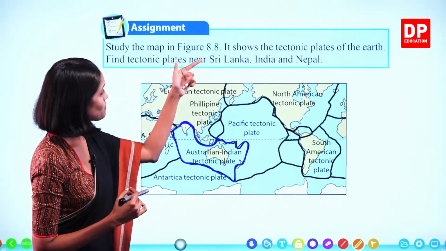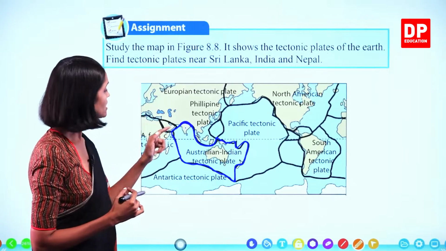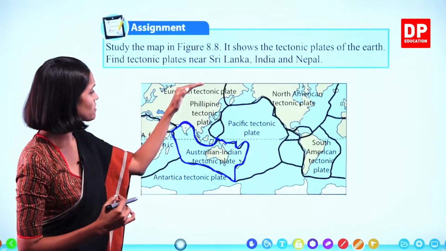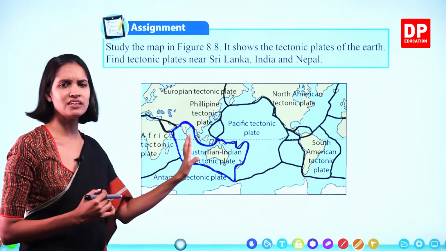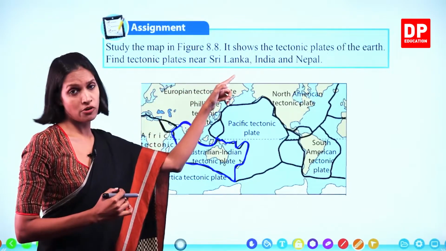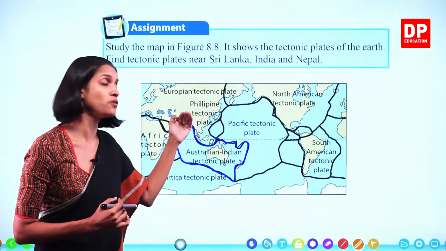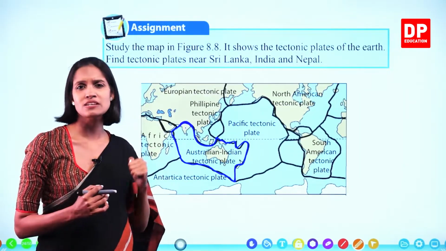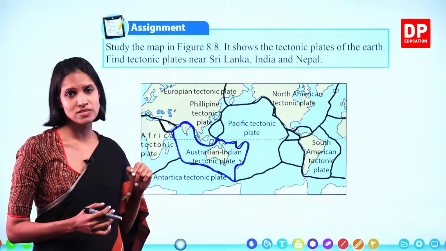The upper part of India sometimes experiences them, but South India normally doesn't. But what about Nepal, children? Nepal is a country that always experiences earthquakes. What is the reason, children? What do you think is the reason?